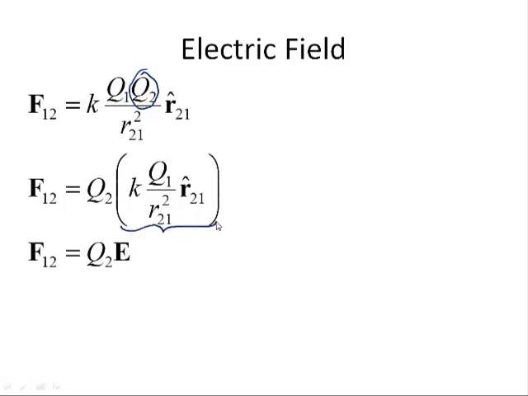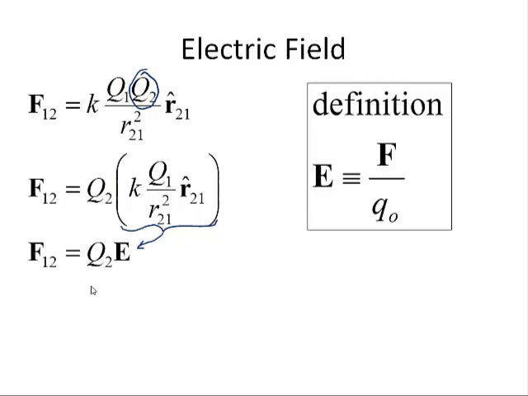That electric field is embedded here in Coulomb's law. So if we knew the electric field at a particular position, we would know that if we placed a charge, Q2, in that space, we can multiply it by the electric field value and get the actual force. So in a way, the electric field is kind of like a multiplier. We multiply the number of coulombs times the electric field value, and we get the force in newtons.